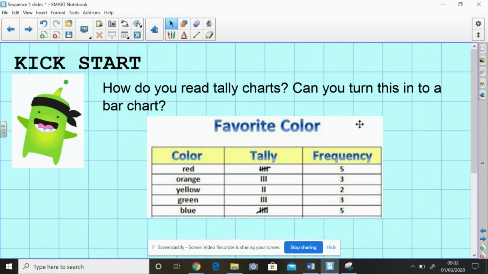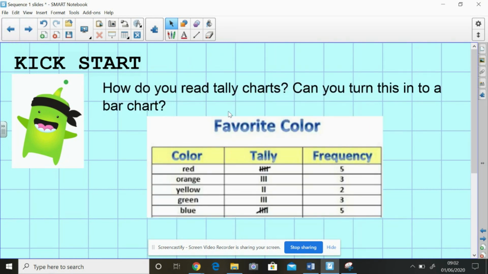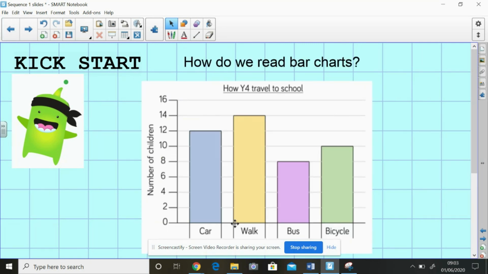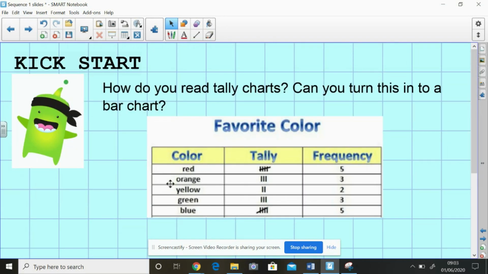Do you think you can turn this one into a bar chart? Copying the format of this bar chart. So we would have a title at the top, then we would have our 2 axes, our x and our y axes. Our x axis, instead of it being transport, would be colours.